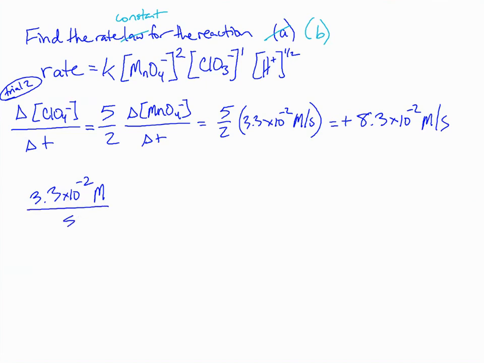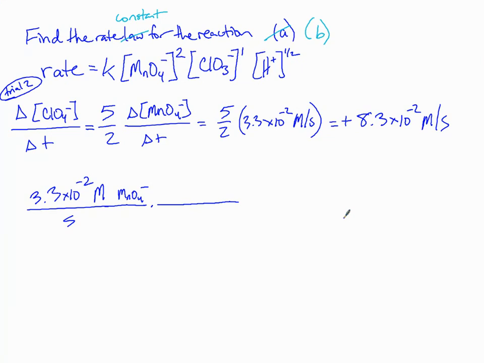And this is in terms of MnO4 minus. And the way I'm going to do it frames it more in a stoichiometry type way. I mean, they both are stoichiometry, but this is more of how I would teach you in Chem 1.